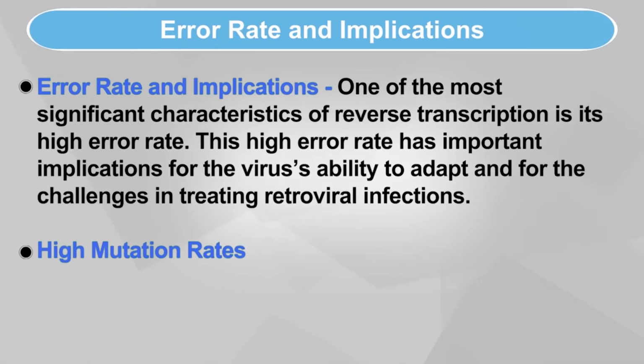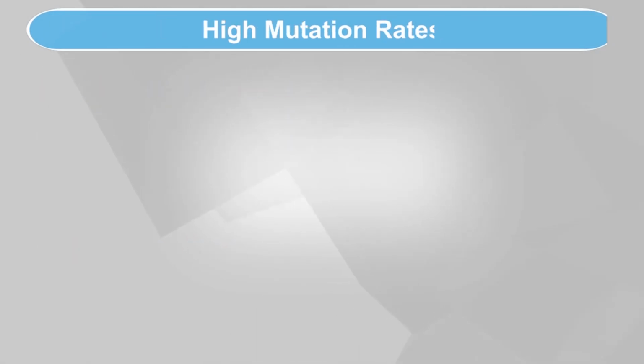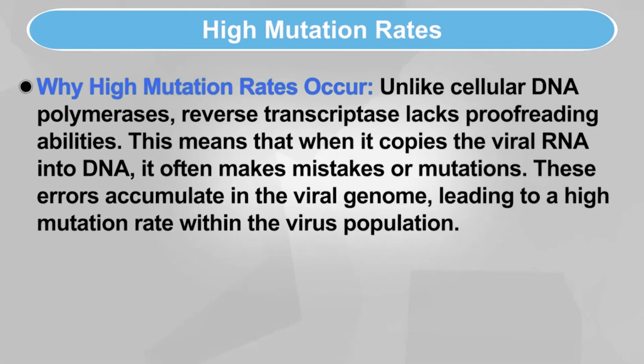There is a high mutation rate associated with it. Unlike cellular DNA polymerase, the reverse transcriptase lacks proofreading ability. That means that when it copies the viral RNA into DNA, it often makes mistakes, also called mutations. These errors accumulate in the viral genome, leading to a high mutation rate within the virus population.